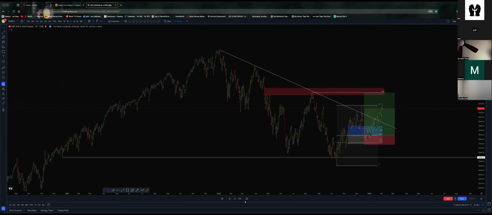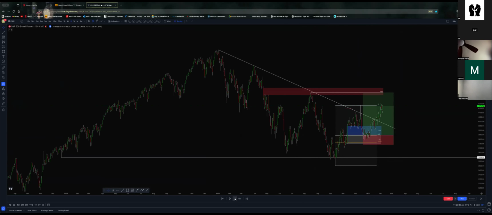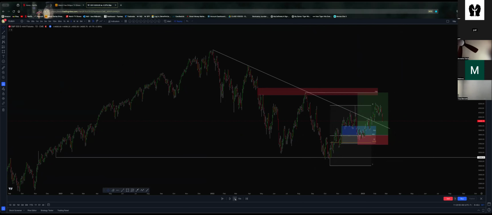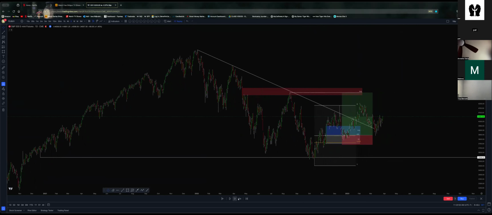Okay, so let's leave it right here. Let's see what happens, because we are now establishing we're in an uptrend, right? Let's see what happens. Price came right back down to the order block.